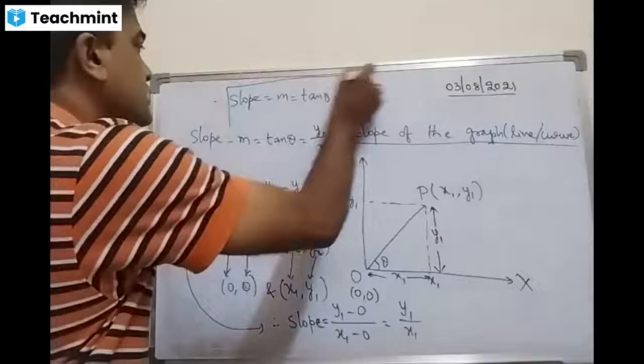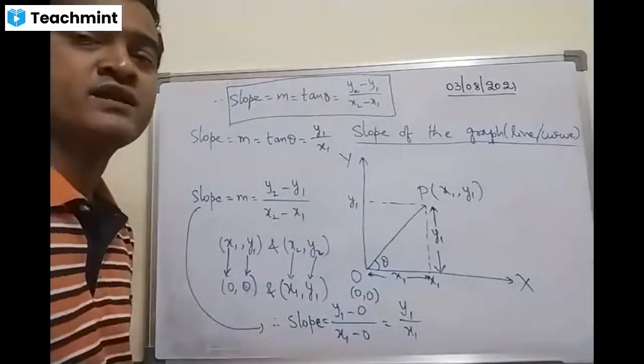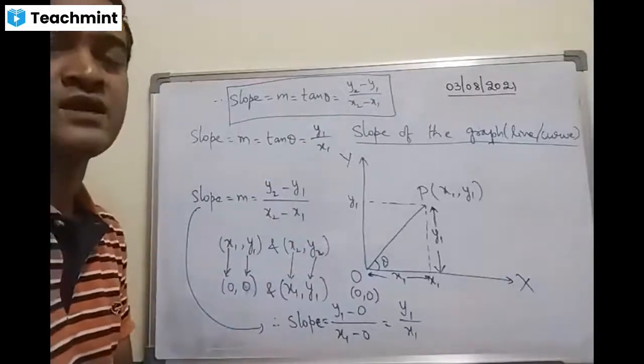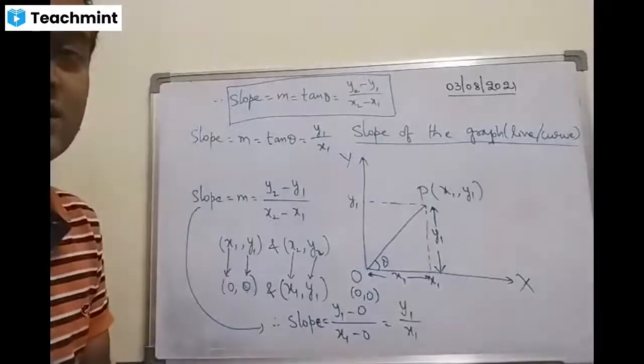This is the general formula, if I take one coordinate as x1 comma y1 and another coordinate as x2 comma y2. Right?